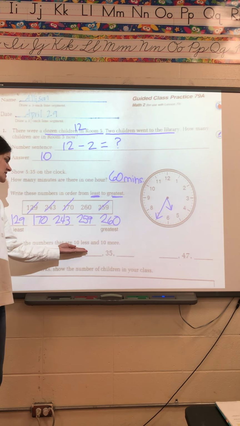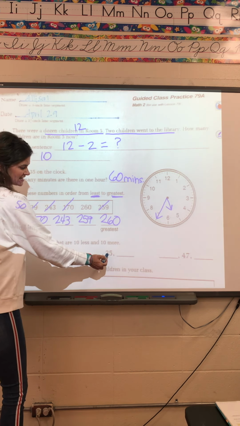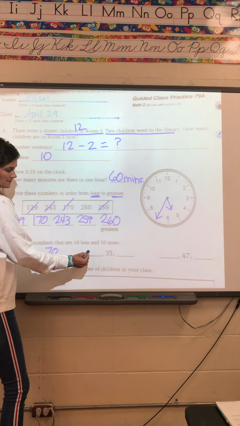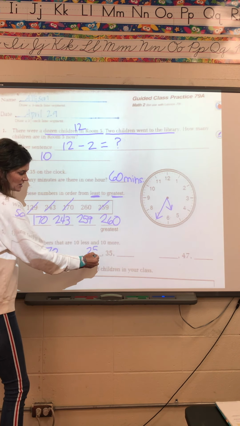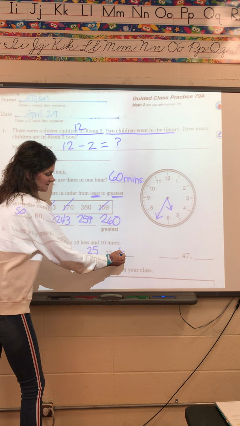Write the numbers that are 10 less and 10 more. Well, what is 10 less than 60? 50. What is 10 more than 60? 70. What is 10 less than 35? 25. What is 10 more than 35? 45.